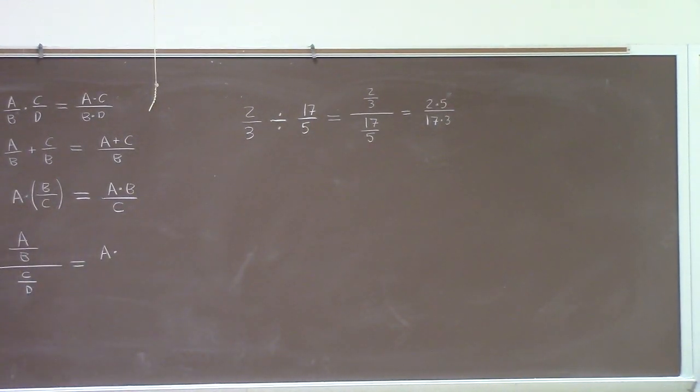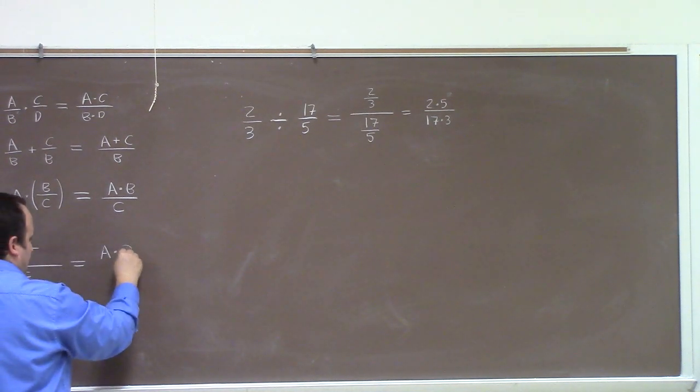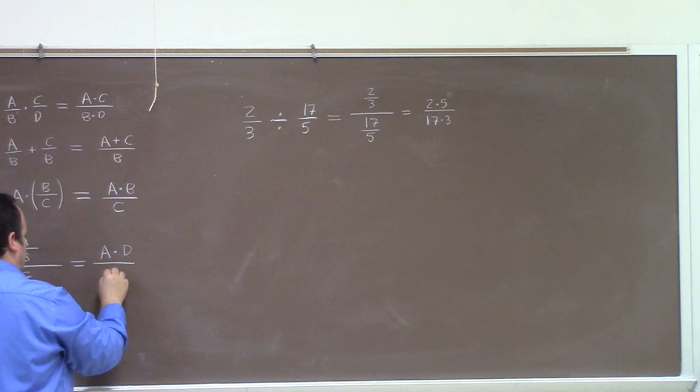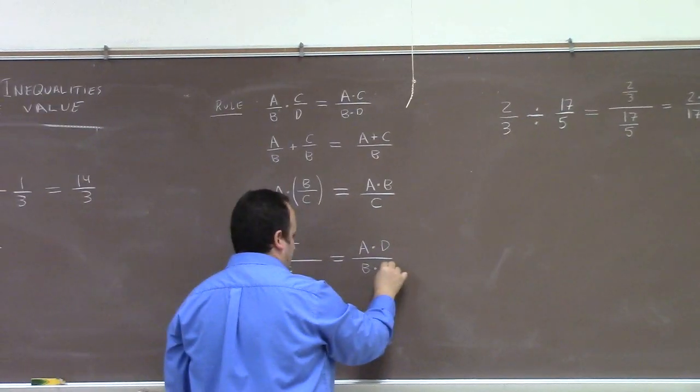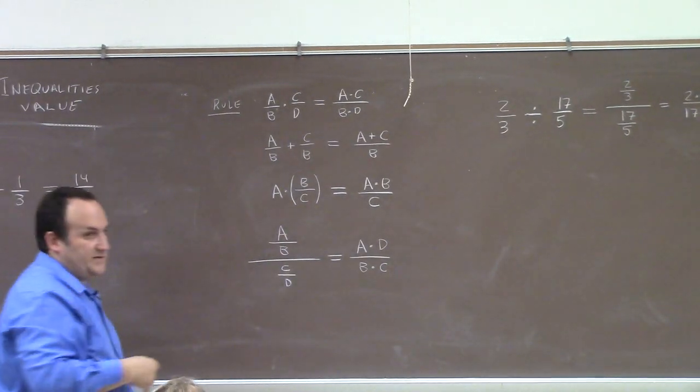That's just not my mnemonic. That's not how I process algebra. I think in that notation, honestly. But this is A times D divided by B times C. So there you go. This is another rule of algebra.